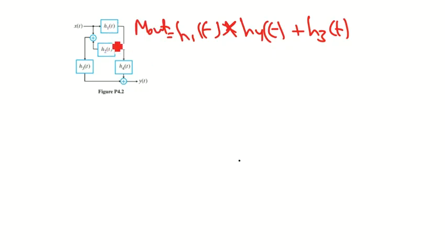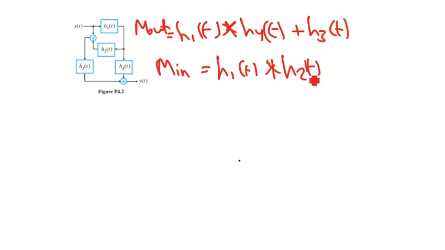Now let's call this one mesh inside, between h1 of t and h2 of t. That's going to be h1 of t, since you have a plus sign here and they both point toward the plus sign, and you only get two of them. You do it as convolution, h1 of t convolved with h2 of t.